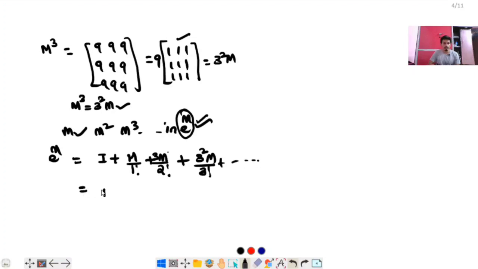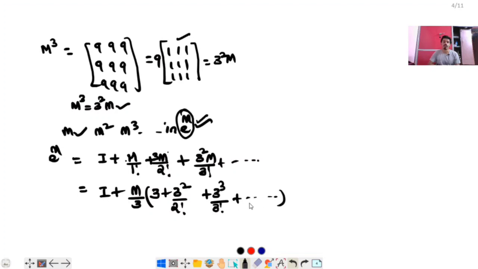Now you take M by 3 common, and you can write 3 plus 3 square by 2 factorial plus 3 cube by 3 factorial, and so on.